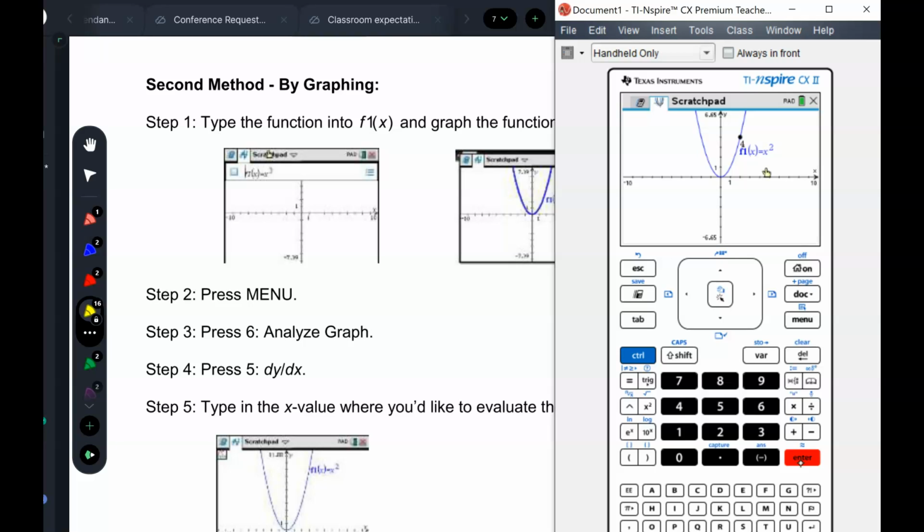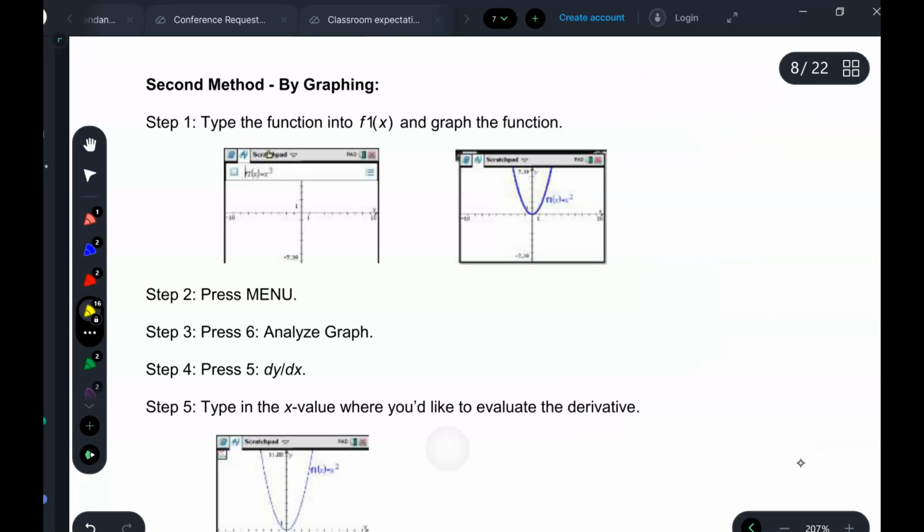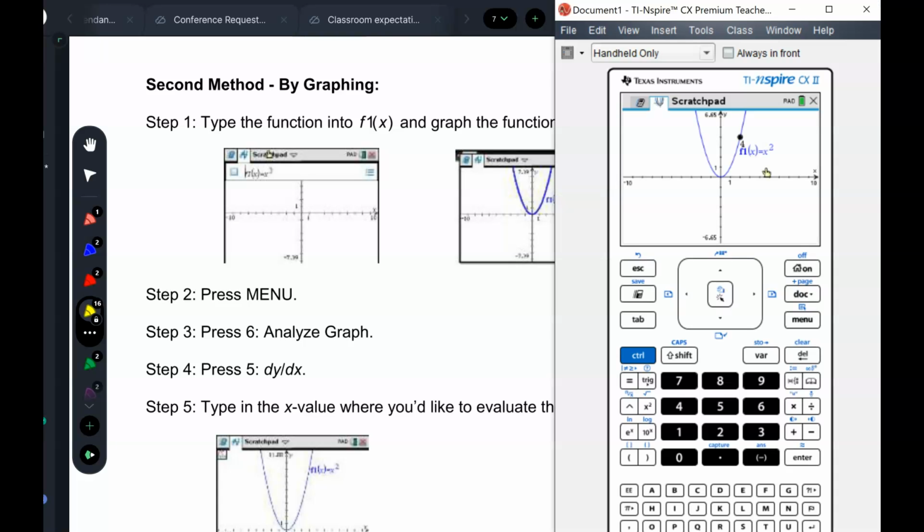TI-84s are a little different. You have to go to, do you see it on the menu? Mine doesn't. Oh! This is crazy. Every time I press 6, it automatically takes me to a graph. Type in 2, and then press enter.